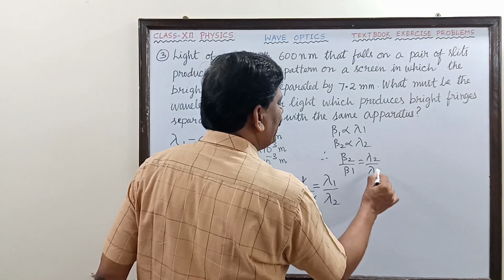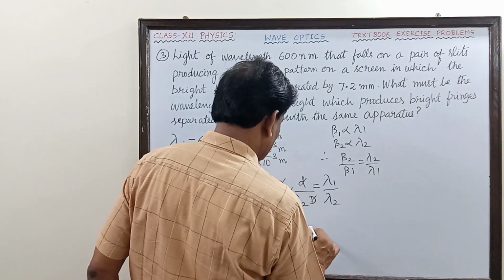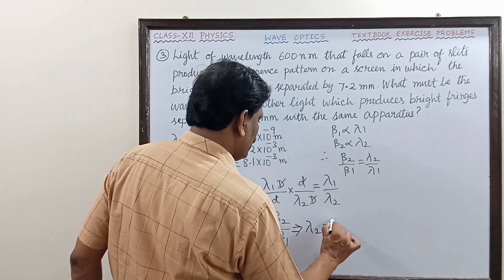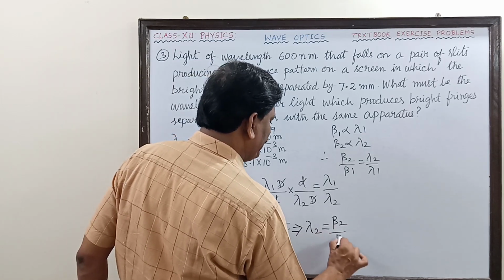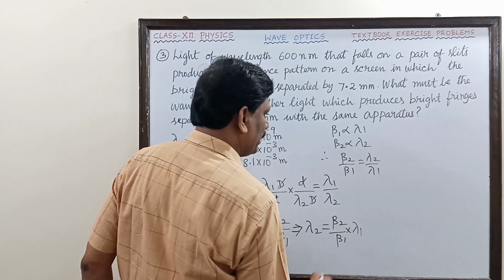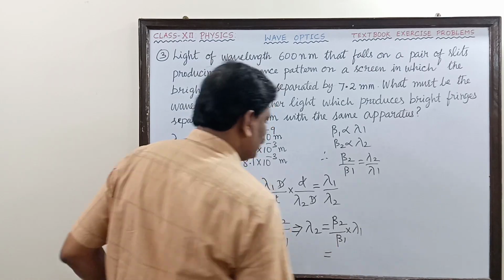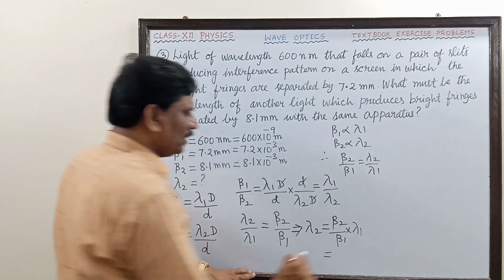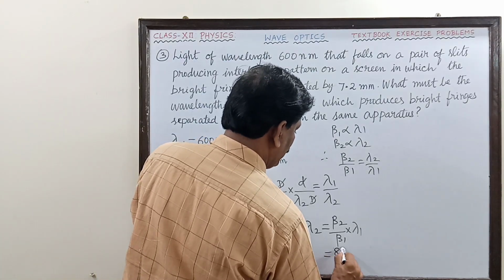So now we need lambda 2. So this implies lambda 2 is equal to beta 2 divided by beta 1 into lambda 1. So this is equal to beta 2 is 8.1 mm, beta 1 is 7.2 mm.